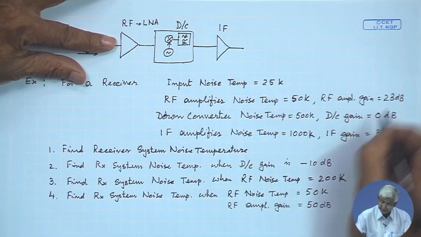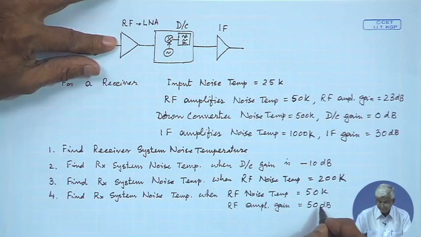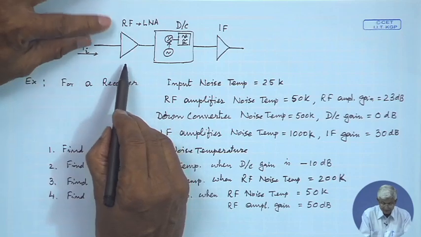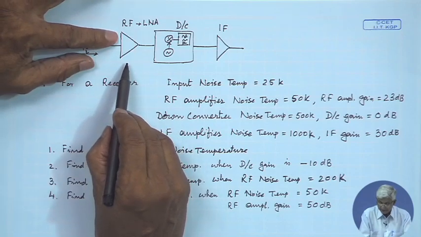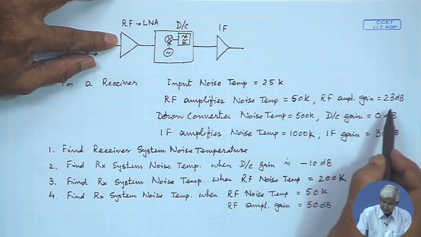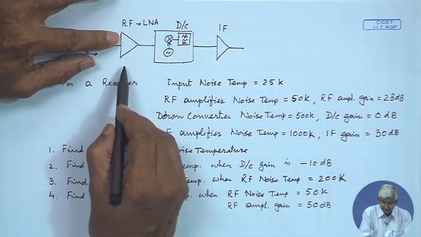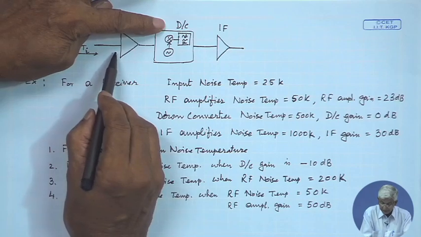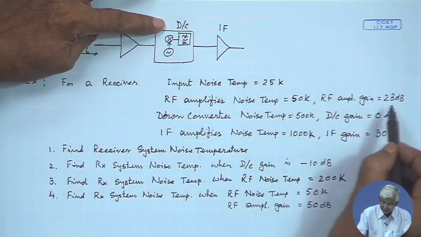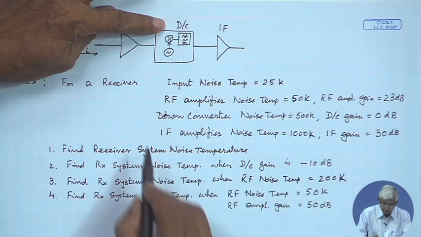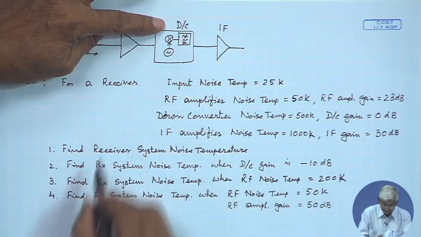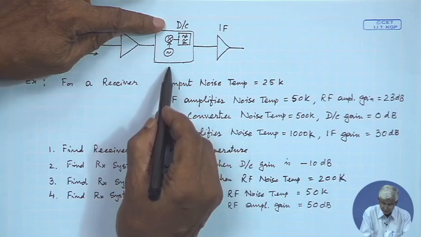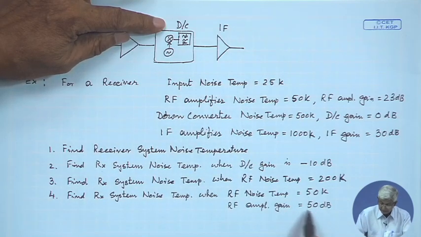Earlier it was 23 dB, I increase it to 50 dB. Then what is the effect? You will see, obviously from here we can find out that for the first stage, the effective noise temperature, we maintained the same value of 50 K. The second stage was reduced by the gain value of 23 dB initially as in the first problem, and in the last problem we said the first stage gain is increased. So, this noise temperature will be reduced by this much gain.